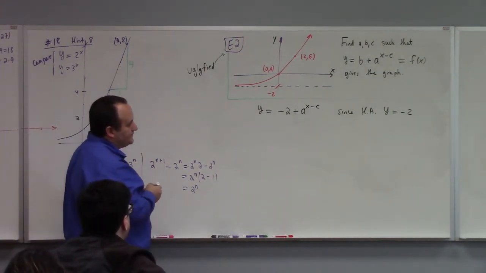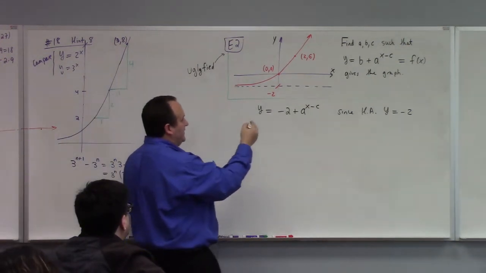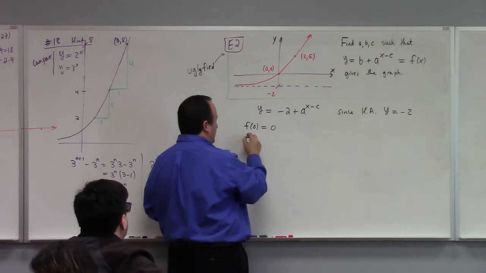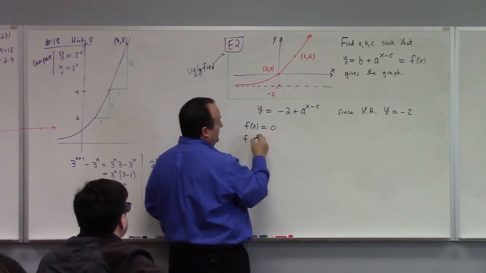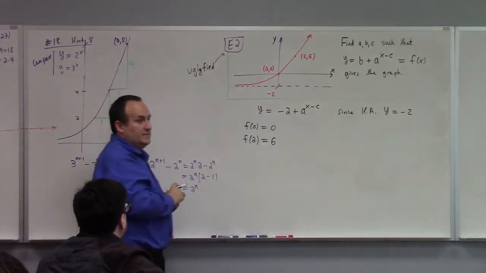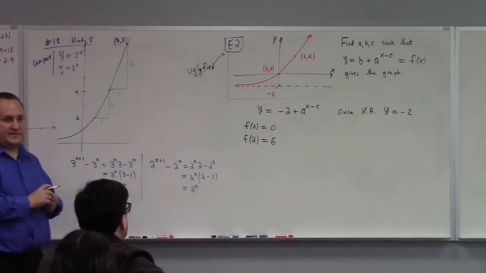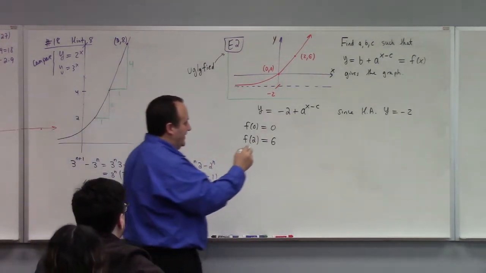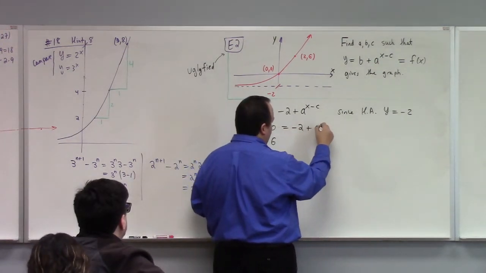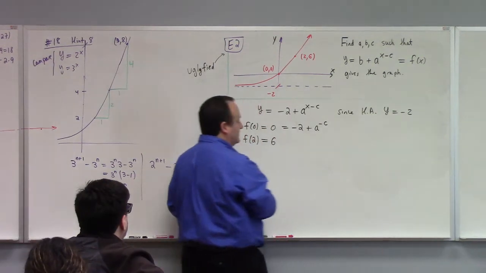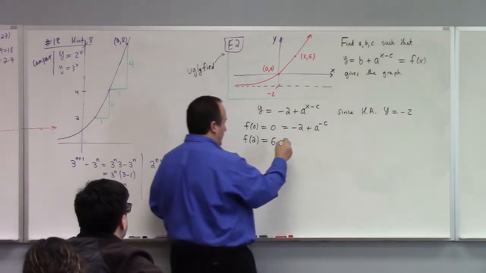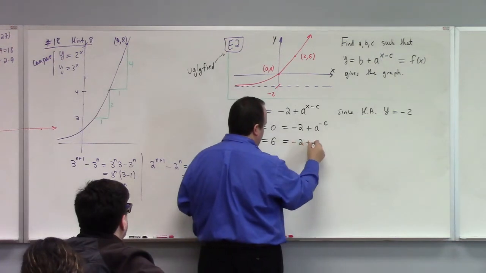Okay, so this is the thing. We know that f of 0 is 0, and we know that f of 2 is 6, right? But what do those tell us? Those tell us that 0 is equal to -2 plus a to the minus c. And the other one is -2 plus a to the what?